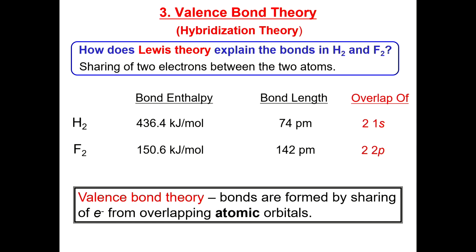So in this theory, we can also say it's valence bond theory. So the bonds are formed by sharing of electrons from overlapping atomic orbitals. For example, in this case, the atomic orbitals are two 1s orbitals. So these two hydrogen atoms share two electrons from the 1s orbitals, right?